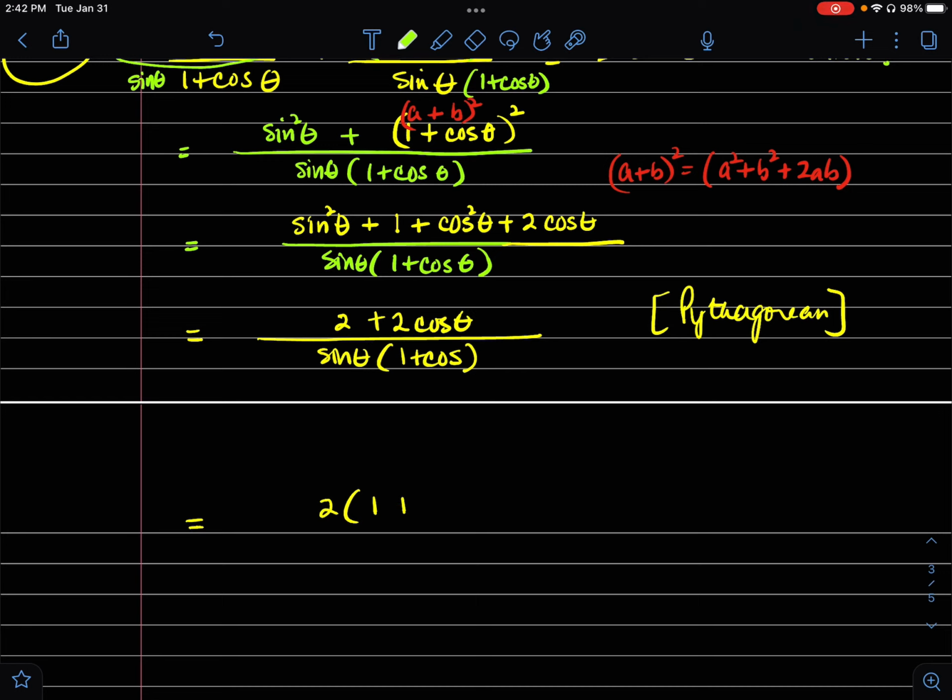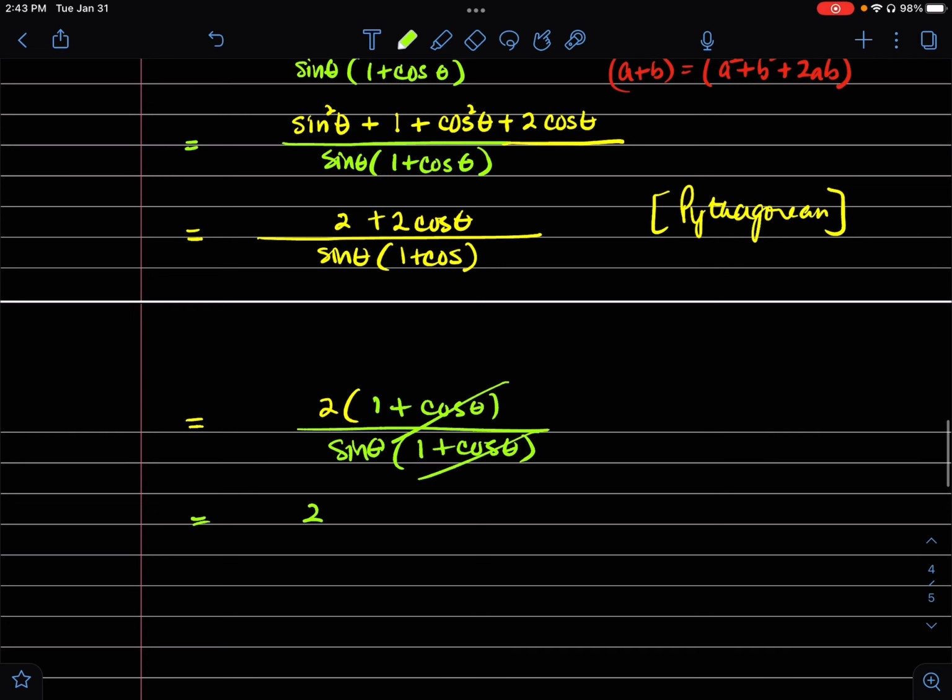Most common error here would be pulling out the 2 and then not putting a placeholder for 2 and writing this. Well, if you check your own undistribution, 2 times cosine theta will give me that term back. Like what happened to the 2? So you will catch your own error that way. 1 plus cosine theta, and you can clearly see we have a common term in the numerator and denominator.